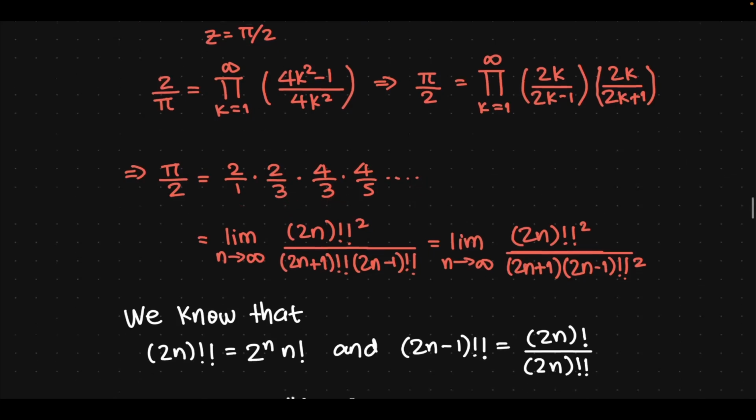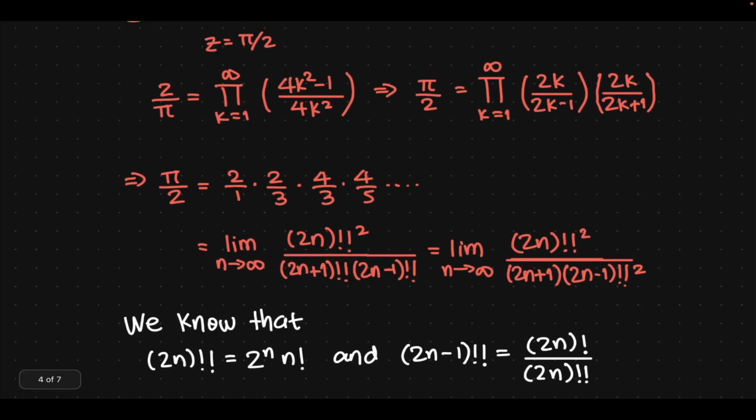We can write this as a double factorial. So in the numerator we have 2n double factorial, but there were 2 pairs, so squared, divided by, we could do a similar thing, but the problem with the odd ones is that we don't know if it's 2n plus 1 or 2n minus 1. So let's just write them into 2 pairs.